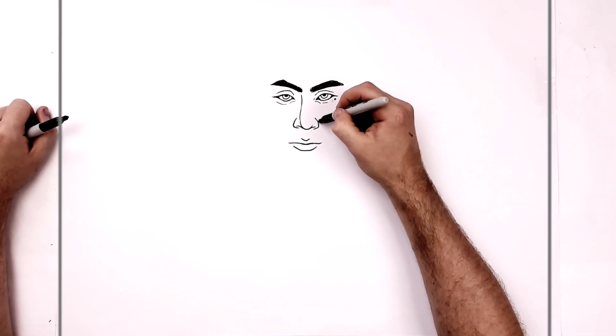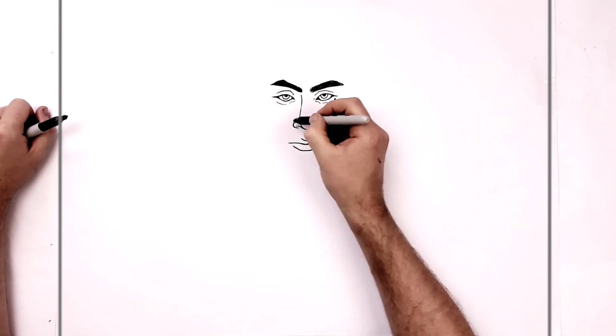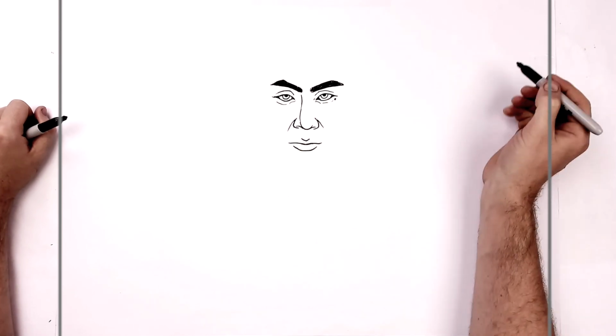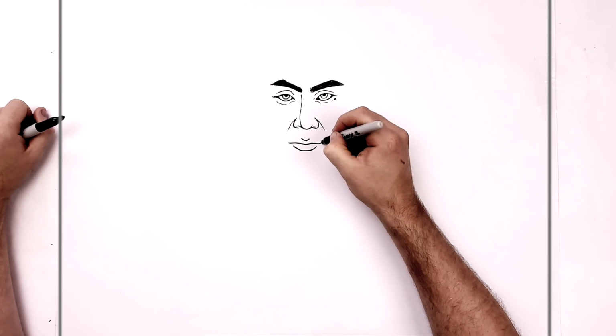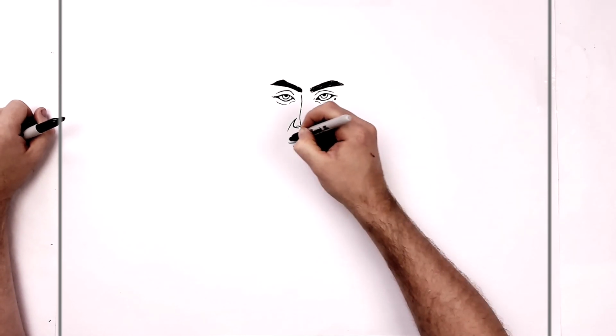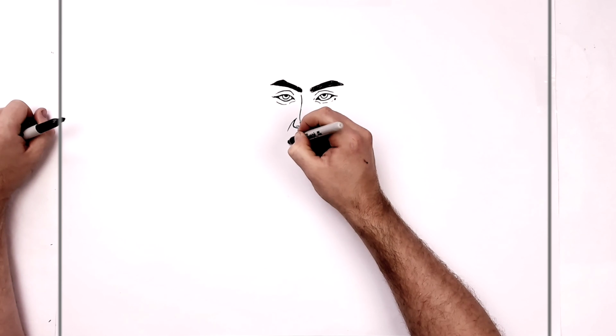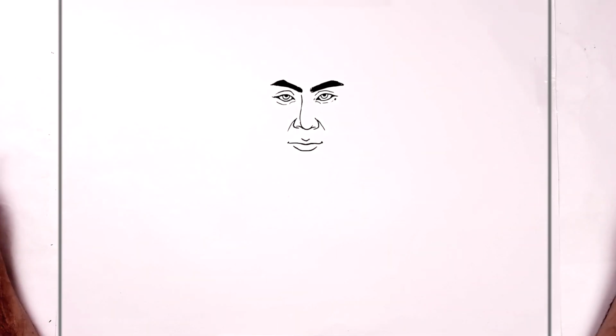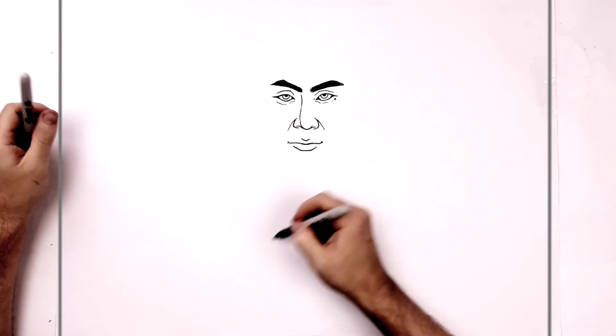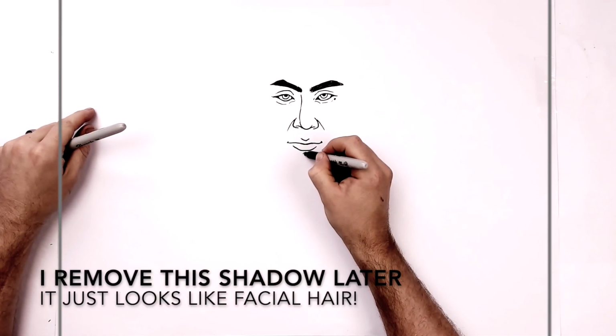He seems to have just some lines coming down his face here on the side. Like so. Some like dimples or some smile lines just here in the corners of his mouth. Like so. Right, so bit of a shadow underneath his bottom lip, just sort of hatching sort of line there.